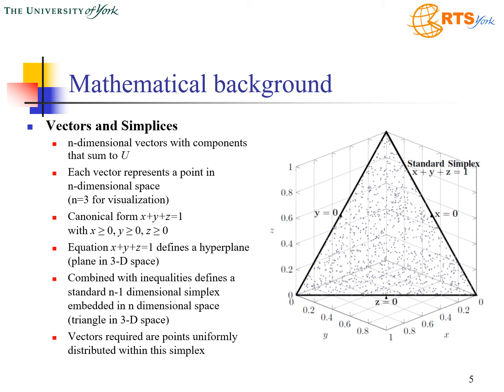When we combine that canonical equation with the inequalities, that defines a standard n-1 dimensional simplex, which is embedded in n-dimensional space. In the simpler case, that's just a triangle in 3D space, as shown in the diagram. And the vectors that we require are points that are uniformly distributed within this simplex.